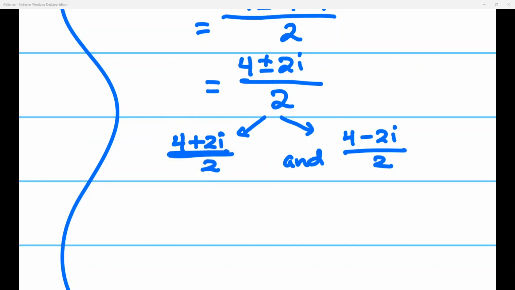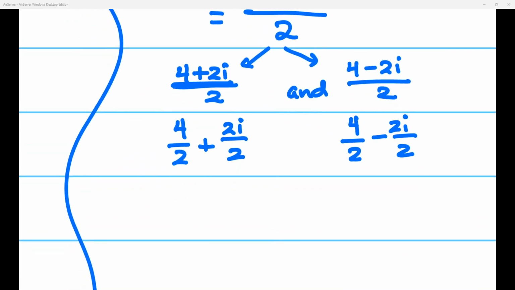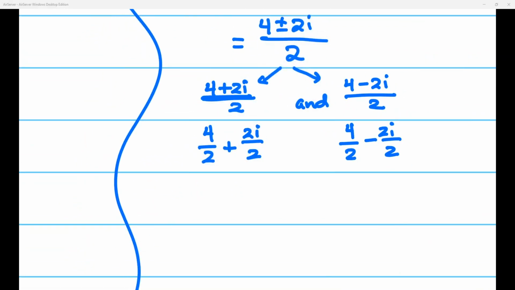I'm going to split it up again. This is the same thing as saying 4 divided by 2 plus 2i divided by 2. We're dividing each one by 2. And 4 divided by 2 minus 2i divided by 2. Why am I writing it like this? I think it's easier to see that this is just 4 divided by 2, which is 2, plus, and I have this 2 on the top and the 2 on the bottom.